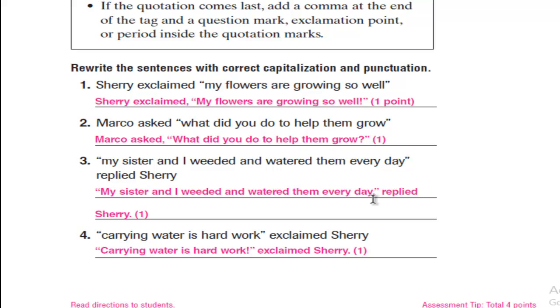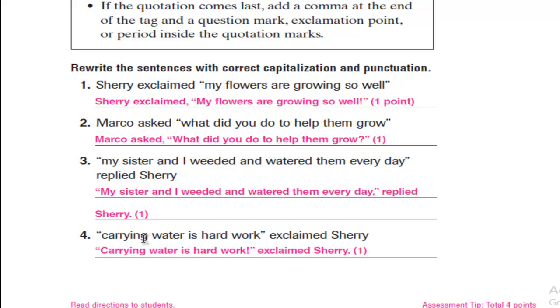You will add a comma before the close quotation marks. So, "My sister and I weeded and watered them every day," replied Sherry. This is in case you have the quotation or the speaker's words at the beginning of the sentence.